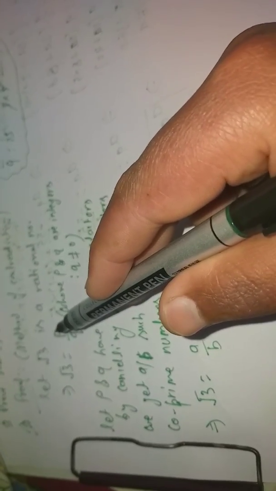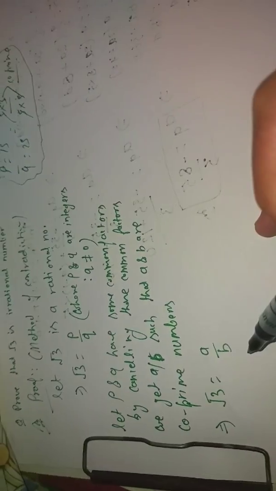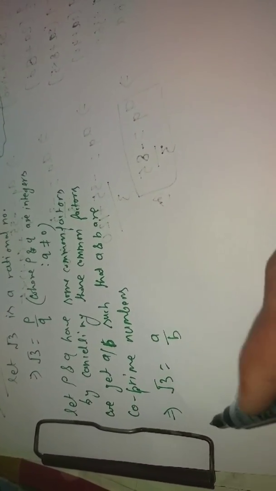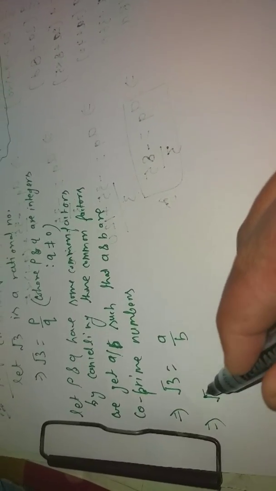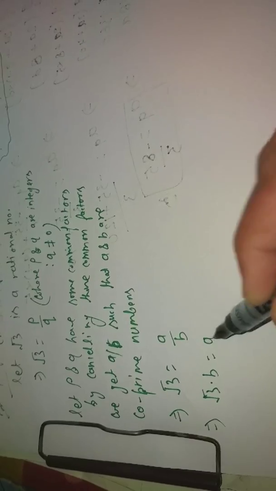So it implies square root of 3 can be written as a by b, because after writing p by q they had something common, we have cancelled it, so the number left is now a by b. Is it clear? Now this b will multiply here, so square root of 3 into b will be equal to a. Now squaring both sides.